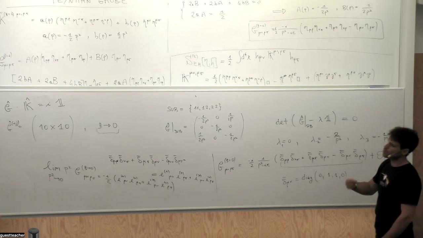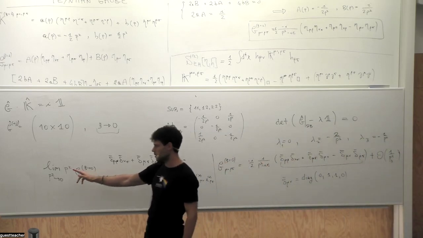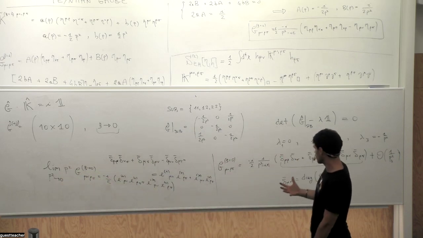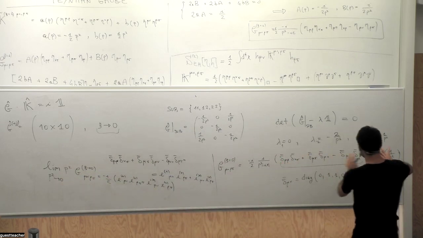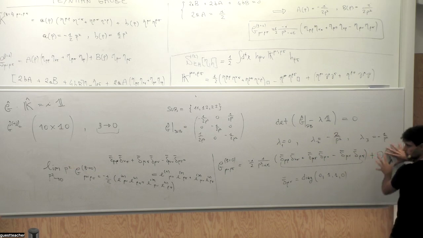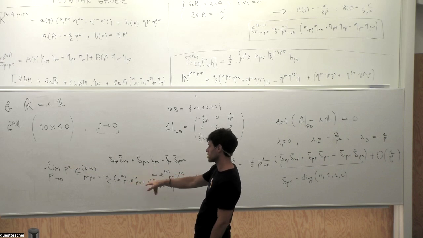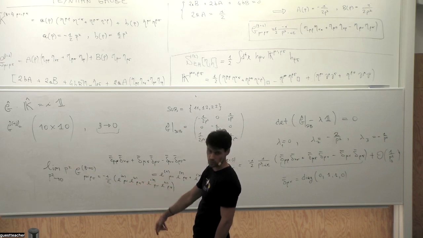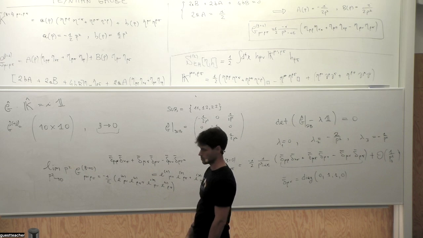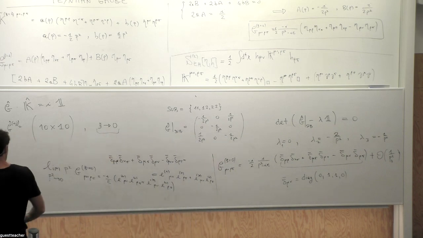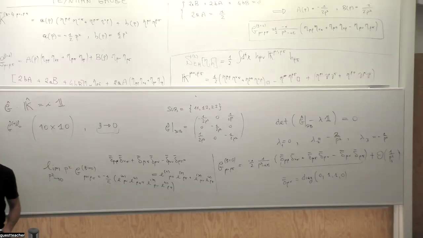So if you want to go on shell, which means you compute the residue, multiply by p squared, and take the limit, the only piece that will survive in the propagator is this one. This one will go to 0. And this part is very nice because you can write it in terms of products of the independent polarization tensors that we showed before, which is just telling you that on shell we are propagating only 2 degrees of freedom with 2 poles at p squared equal to 0. Is it clear? Yeah.